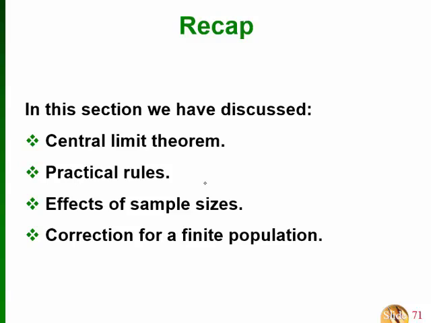So it would be a good thing to study and to be able to do these problems. Your homework problems will focus on these sample sizes, and they usually come in conjunction with a comparison between a sampling distribution and a regular distribution. All right, that's it.